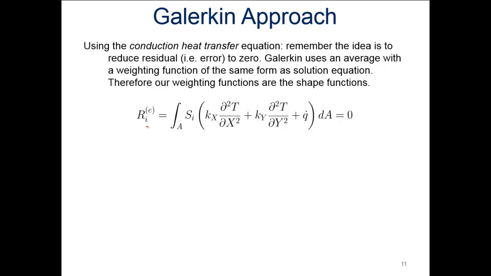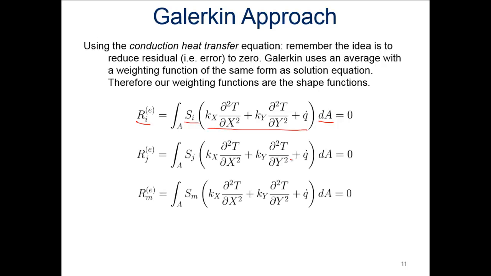So we have the residual equation for node I using the shape function node I, and there's the governing equation. All right, we integrate that over the area, and that all needs to be equal to 0. So we'll do that for node J, M, and N as well. All right, so we're trying to apply our linear solution here to our governing equation.